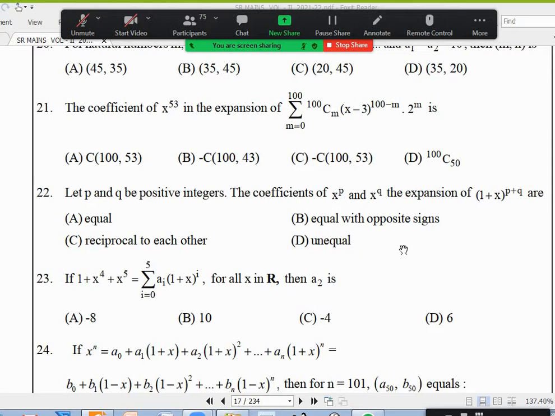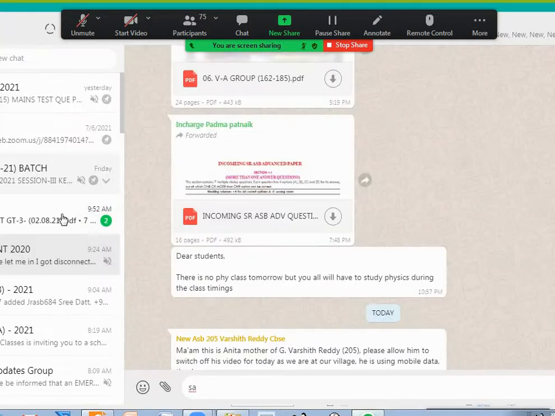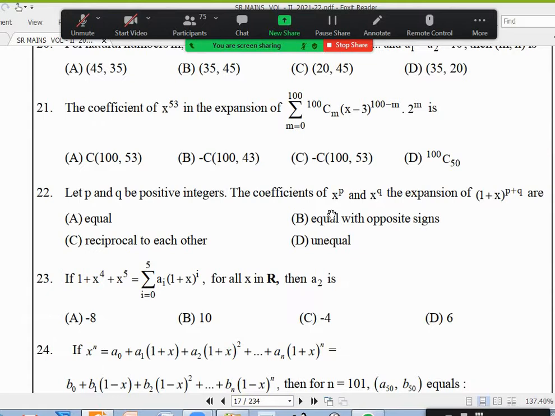By the time you write the actual advanced exam, you will definitely be more mature, right? Roughly a year is there by the time you're going to write the advanced exam. Am I correct? Yes, sir. Maybe 11 months.